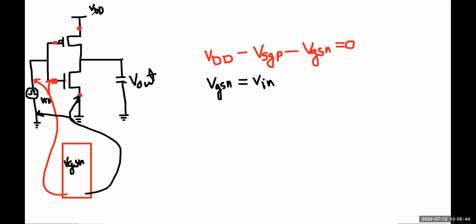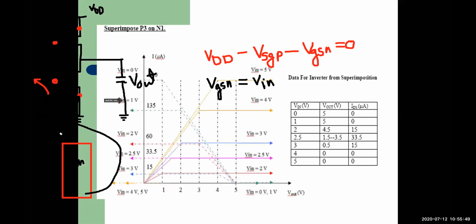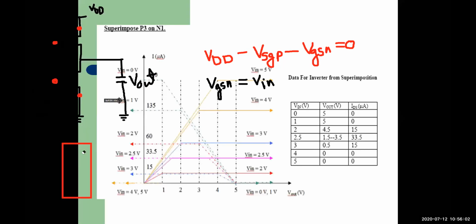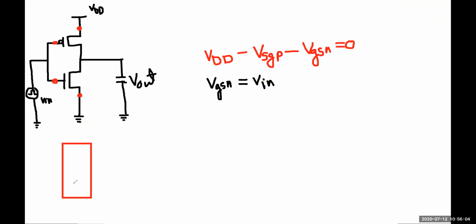Now about the V out. Let's do the same thing again. We want to measure the V out.